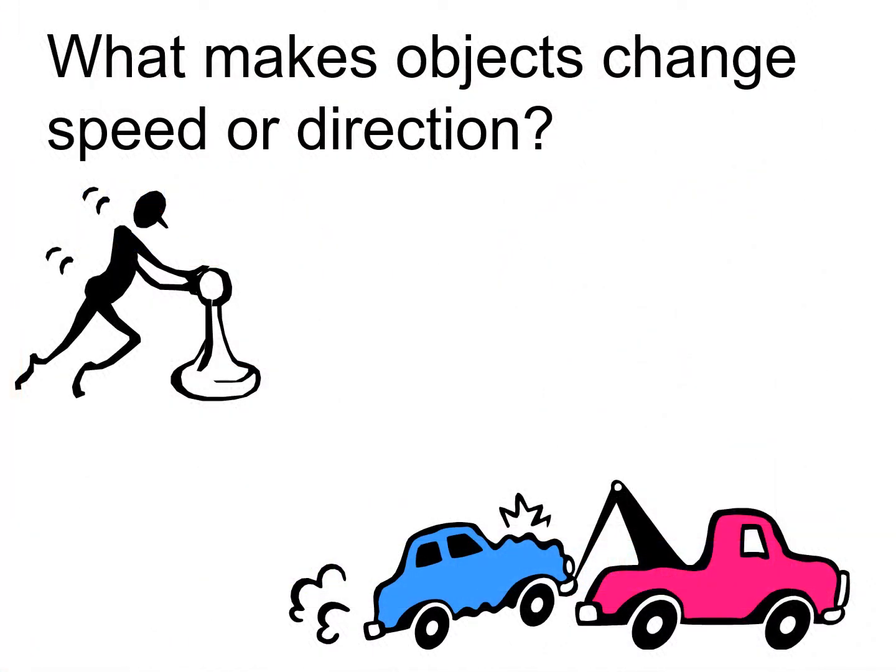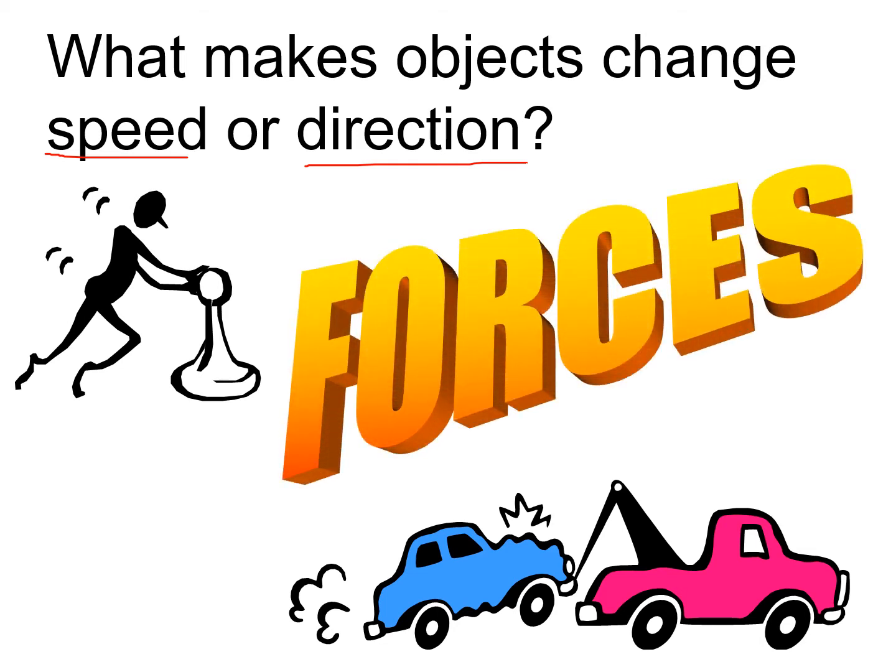What makes an object change speed or direction? Speed means the object can move faster or slow down. And what makes an object change direction or move to another point? That is because of the forces around us.